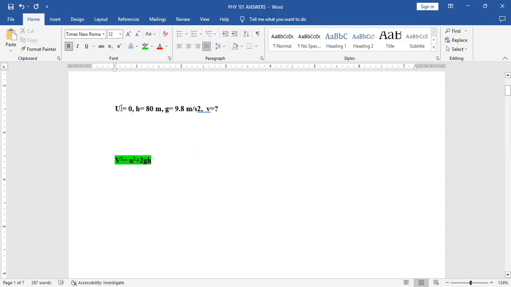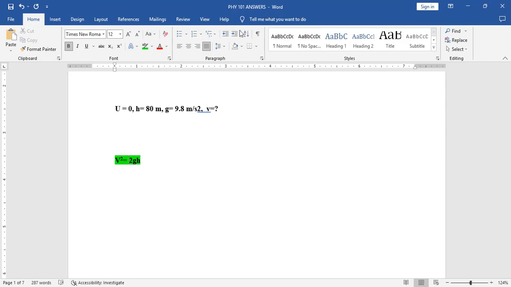If I substitute u equals 0, this expression reduces to what we have here. So we now have that v squared equals 2gh. Since we are looking for v, we make v the subject here.